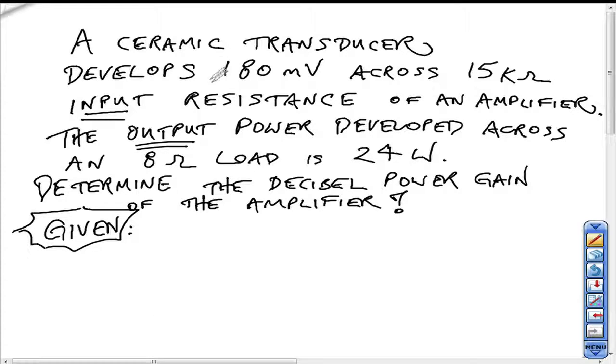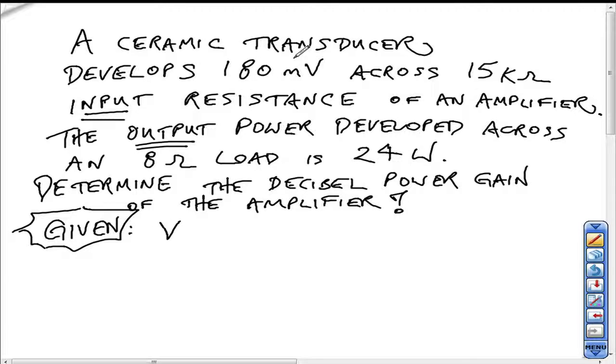So, for example, we have this idea of 180 millivolts. What is that in a formula? Could be a voltage. Sure, that's a good guess. But now you have to ask yourself, what kind of voltage? So let's read: it develops 180 millivolts across a 15 kilo ohm input resistance. So input resistance is linked to this voltage.